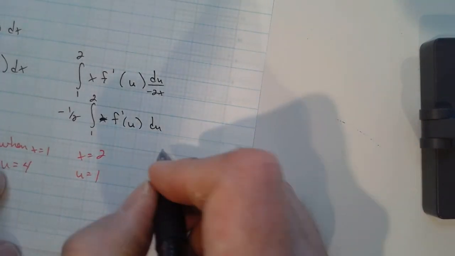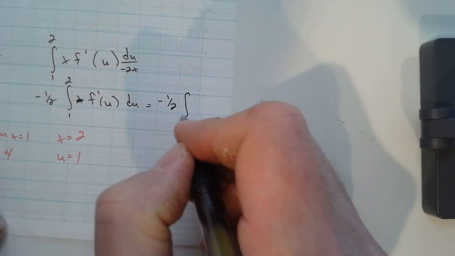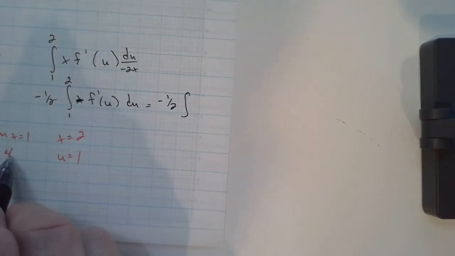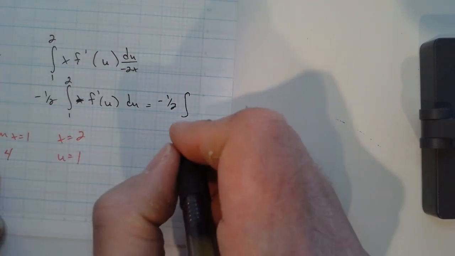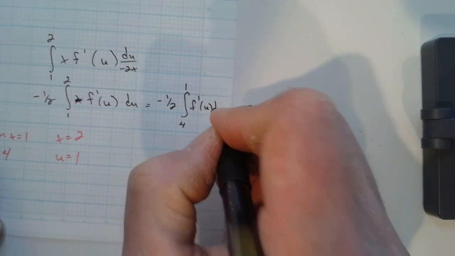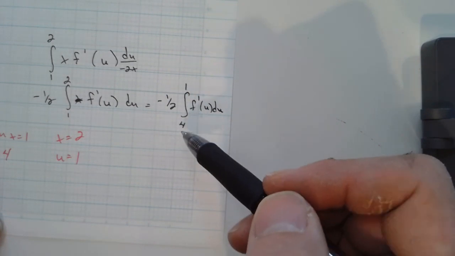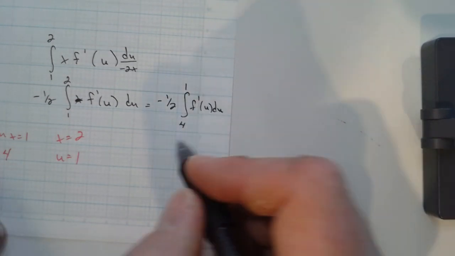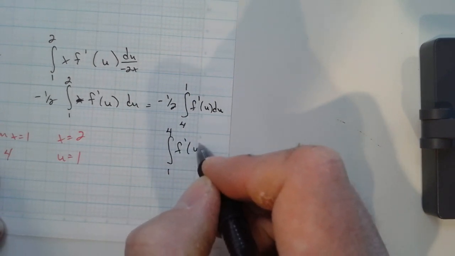So our integral becomes negative 1/2 integral from 4 to 1 of f prime of u du. We're going from 4 to 1, so we're going to switch those. So we're going to integrate from 1 to 4, but if we do that, we have to negate the result.